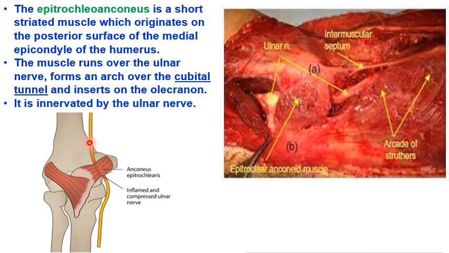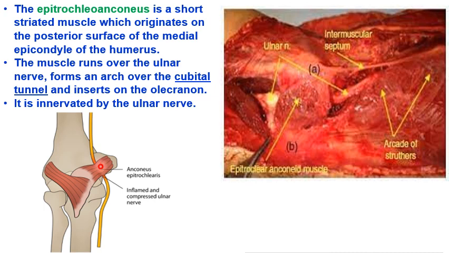So the ulnar nerve goes beneath the anconeus epitrochlearis or epitrochleoanconeus, which is in the same place as Osborne's fascia, attached to the medial epicondyle and the posterior surface of the olecranon process.